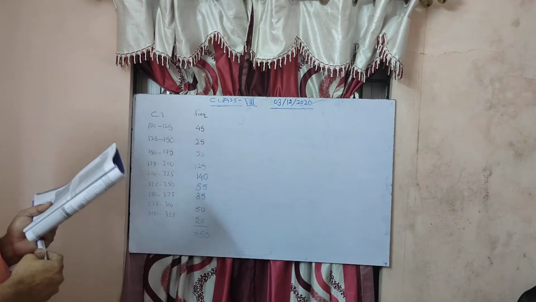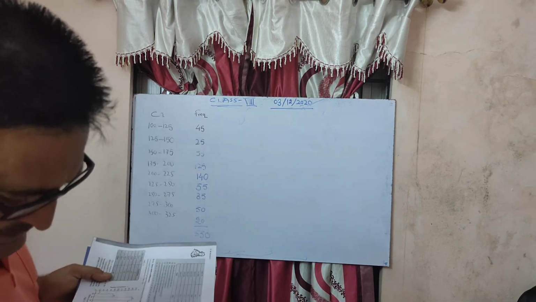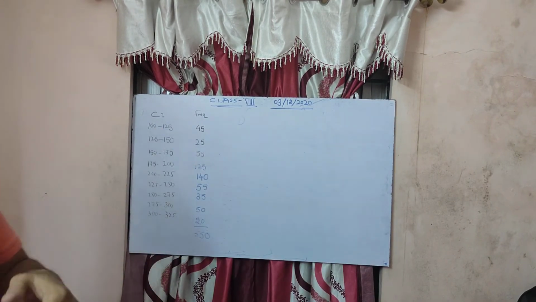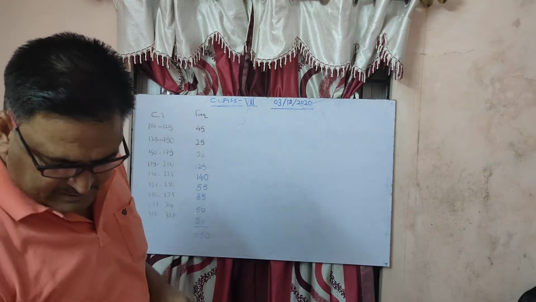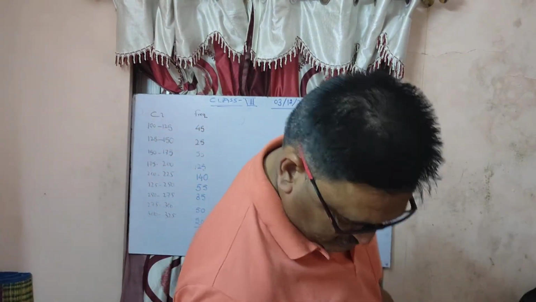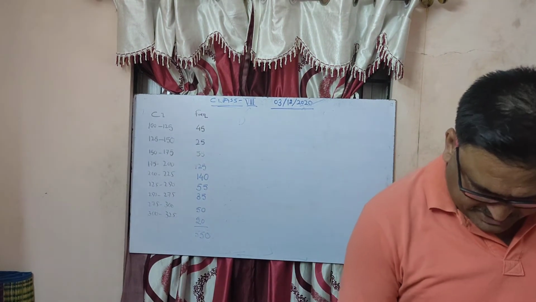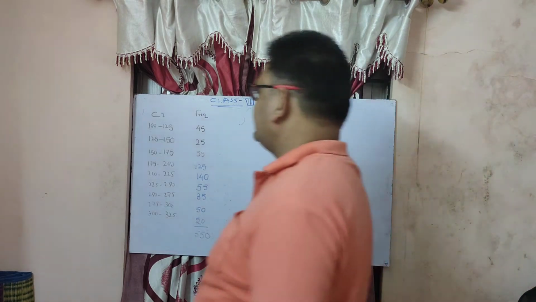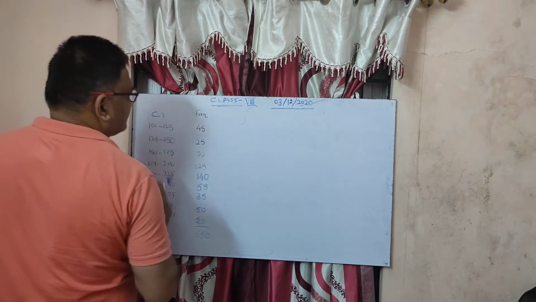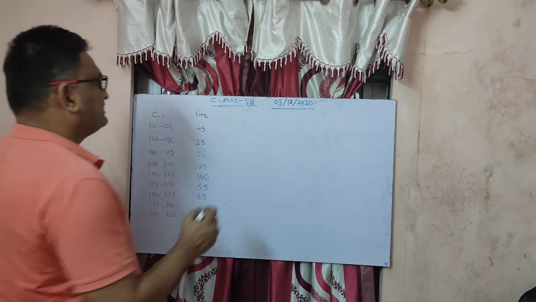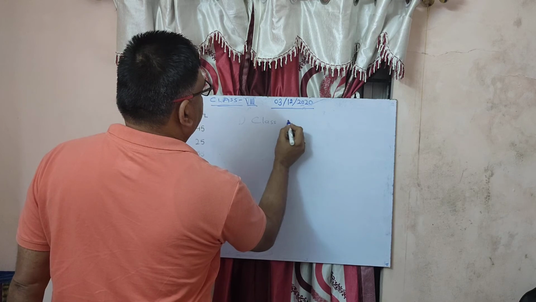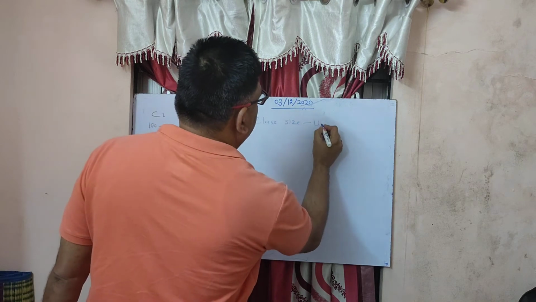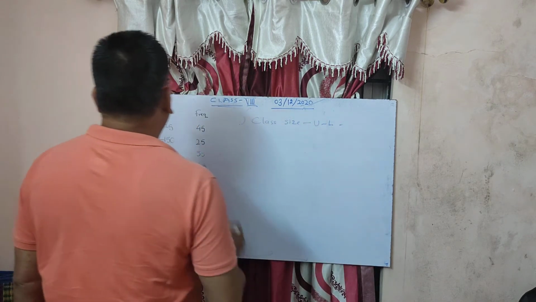What is the size of the class interval? You know the size of the class interval. What do we mean by size of the class interval? We knew the definition of class size. Class size is upper limit minus lower limit. The first question is class size. Upper limit is how much? 125.